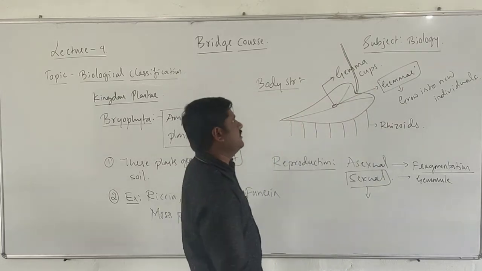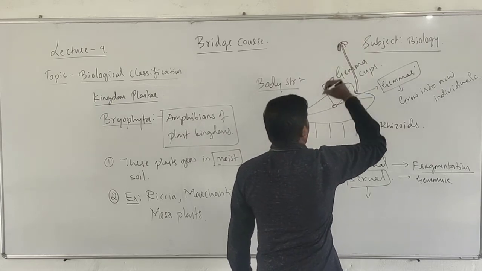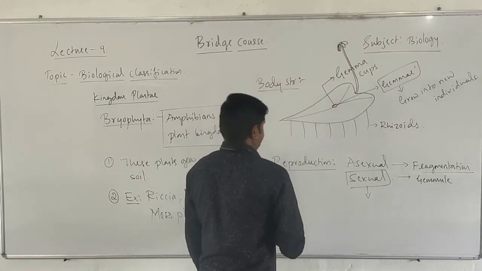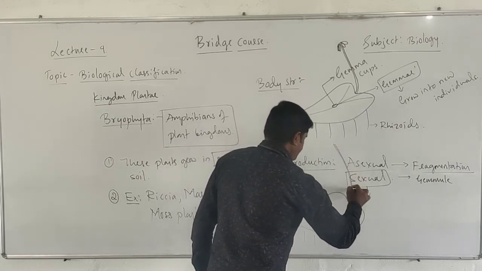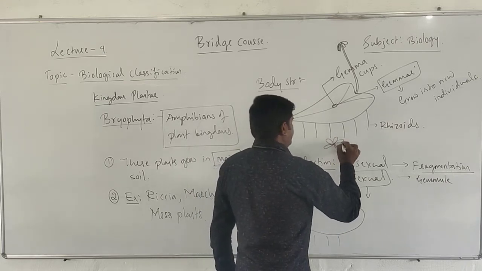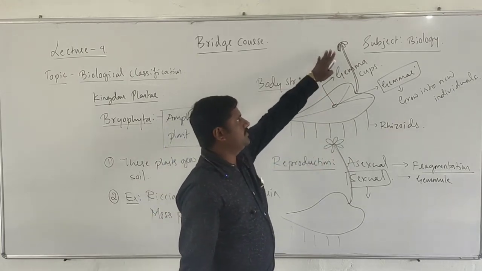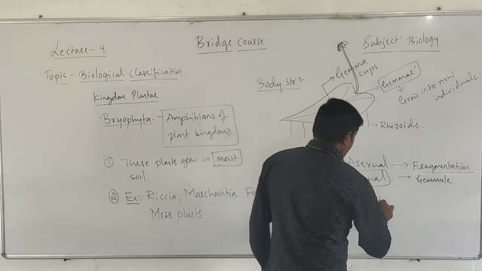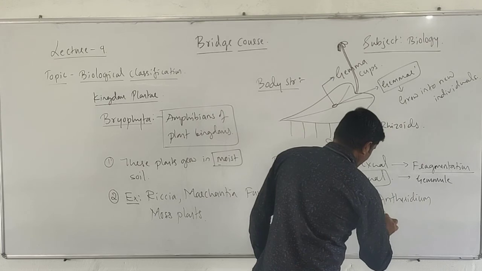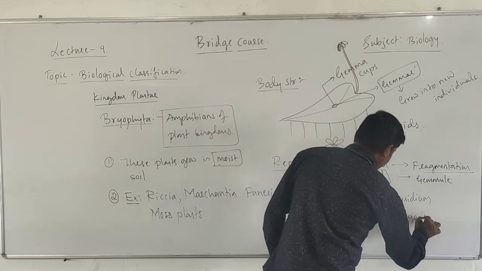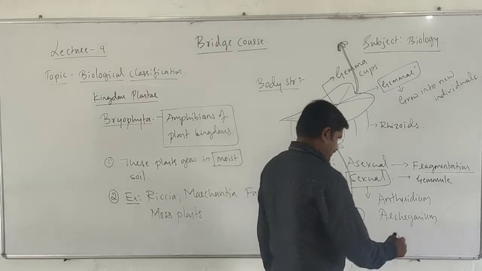The male plant, as well as another one we can draw here, the female plant, produce special sexual structures, and these special structures are called antheridium as well as archegonium. These produce special branches, structures.